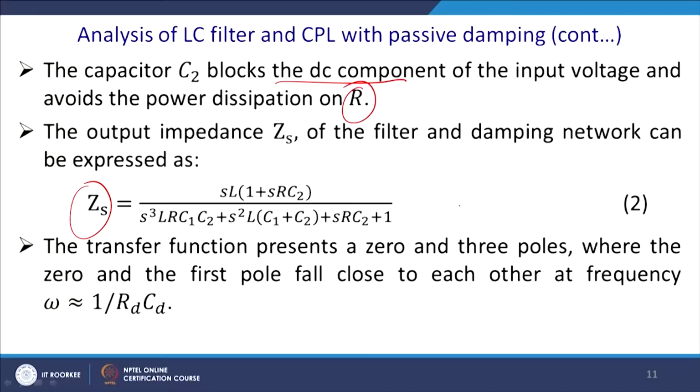The transfer function represents a 0 and 3 poles. So, here you got a 0 and you got 3 poles, where the 0 and the first pole lie close to each other at the frequency given by omega equal to 1 by Rd into Cd.